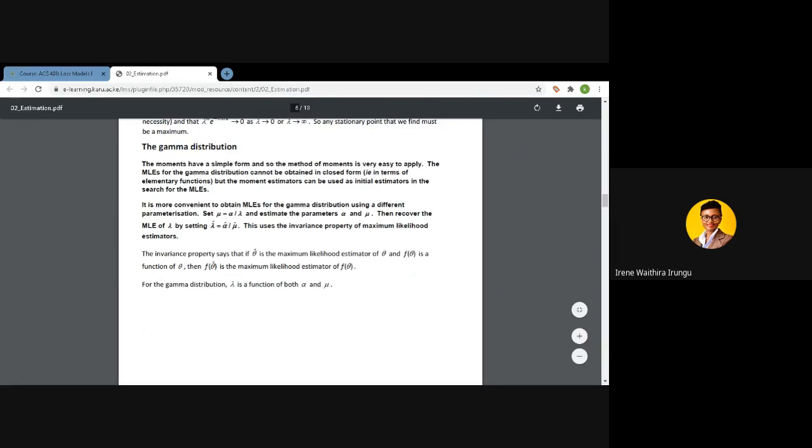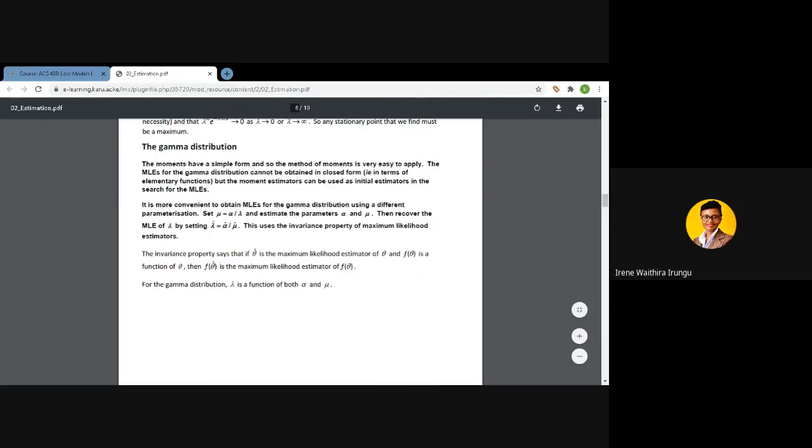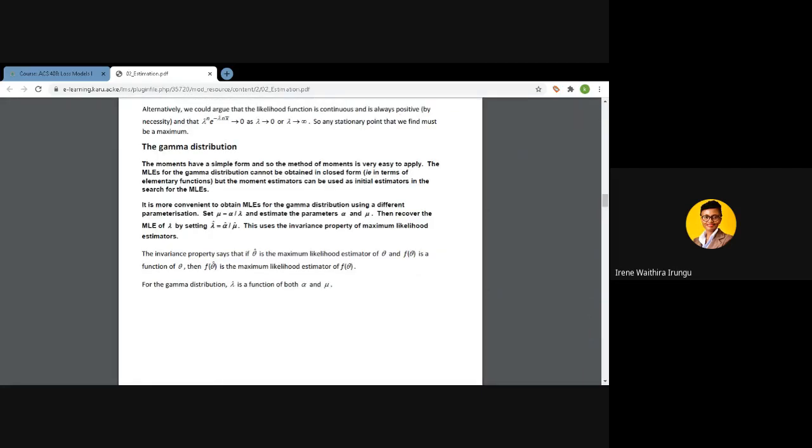So let's look at another. So if we had now a question, again, maybe from now a gamma distribution, the same approach would be utilized. So you'd need, first of all, to determine the likelihood function dependent on the respective distribution. And once you obtain the likelihood function, the next step is to determine the log of the likelihood, differentiate that log of the likelihood, equate it to 0, and then solve for the unknown.